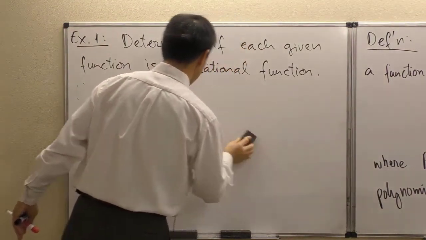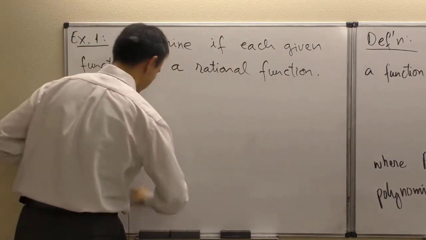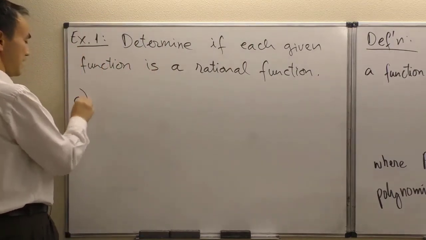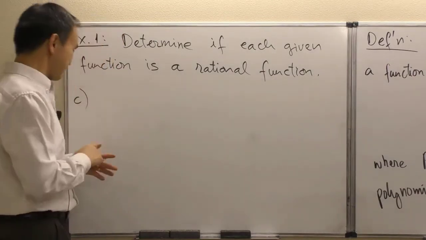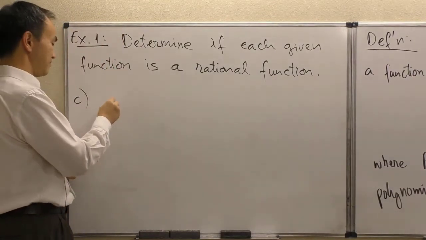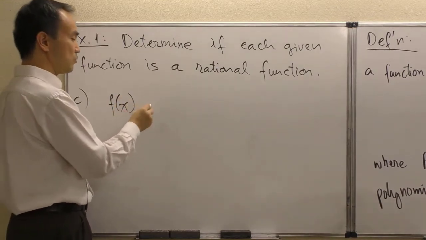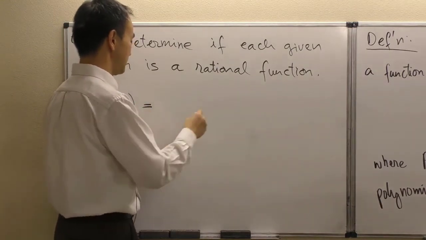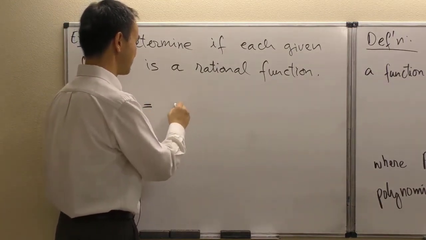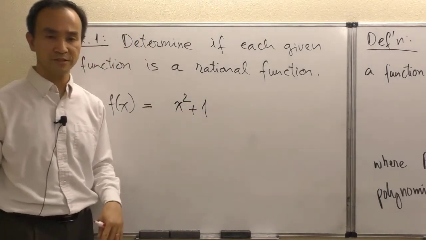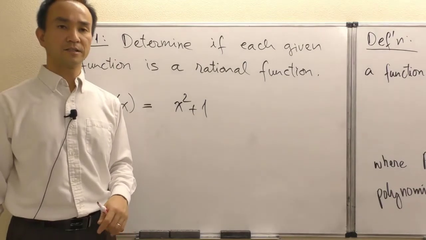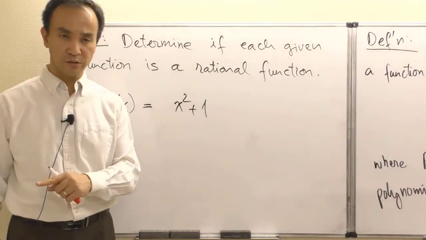Let's look at the next one. How about let me challenge your understanding a little bit. Now let's look at f of x equals just simply x squared plus 1. Just that. All right, have a moment to think about it.